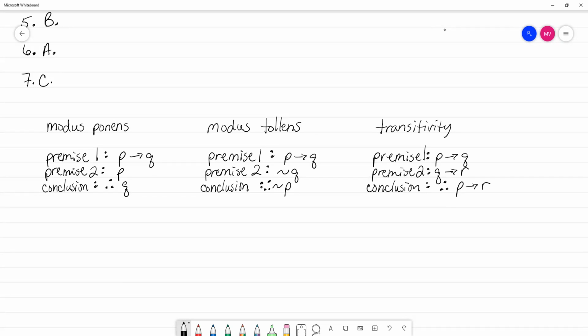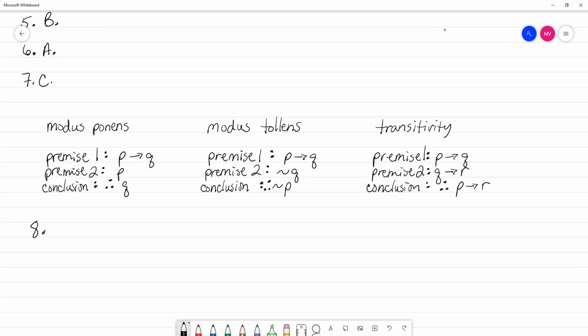All right, so looking at number 8. Number 8 says, if the team plays well, then they will win. So P is the team plays well, Q is the team wins. The team did not win. That's negative Q. Did I negate the first part or the second part of the first statement?